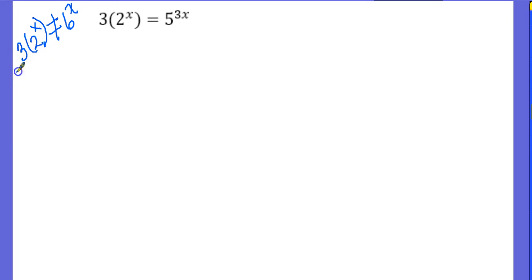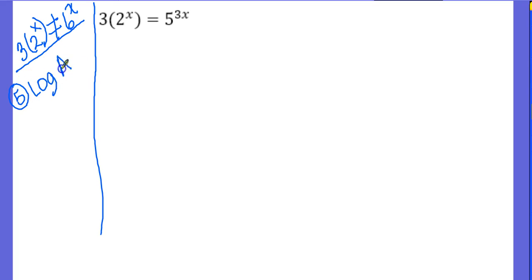Okay? Instead, what we're going to do to solve this exponential equation is we are going to use 2 different log properties. And so we're going to be using log property 5 that says when I have the log of a product of A times B, it's condensed.